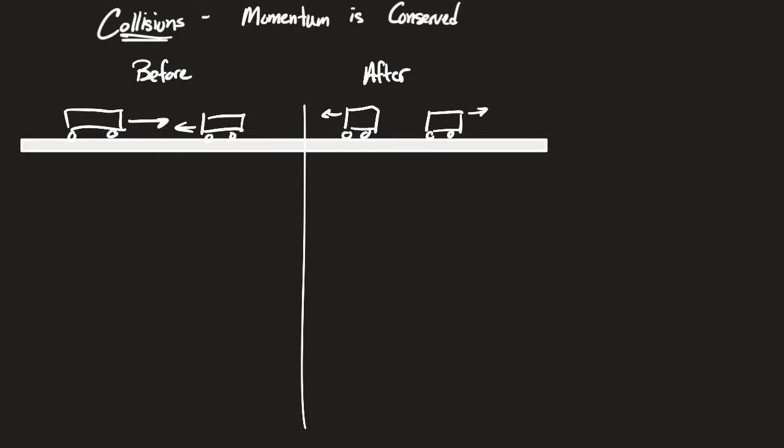When we talk about collisions, we are talking about a small period of time. When we look at a collision, the momentum before, which is the sum of all of the different momentums, no matter how many objects, there could be 100 objects, doesn't matter, we add up all the momentums before, and it has to equal all of the momentums after.